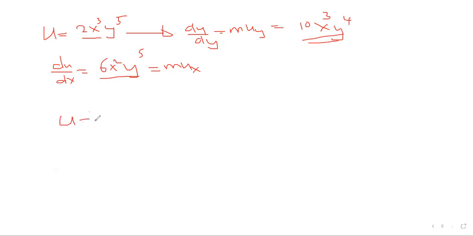Let's try again. If we're at 10y5 x2, in differentiating with respect to y, our dummy is x2. Differentiate the y with the 10. So 10y5 will be 50y4.